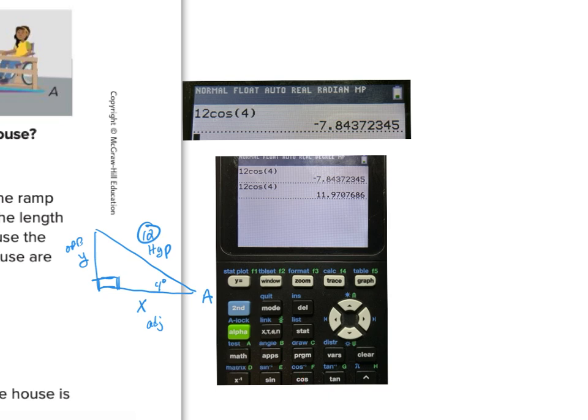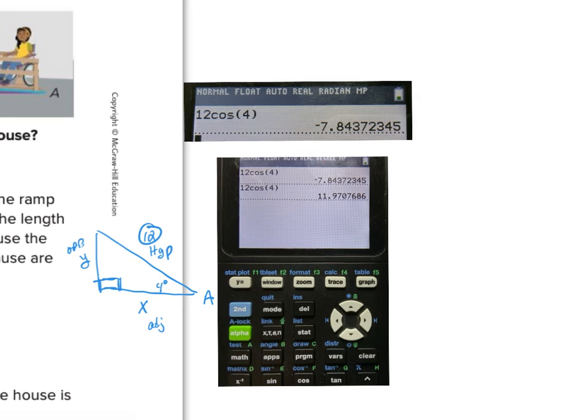The first time I did it, my answer is incorrect, because you can see the first time I did it, I was in radian mode, and you want to make sure that you are in degree mode. So I changed the mode to degree mode because we're talking about the degrees of a triangle. Now I have 11.97, so make sure you're always in degree mode when dealing with these trig ratios. So just showing you that.